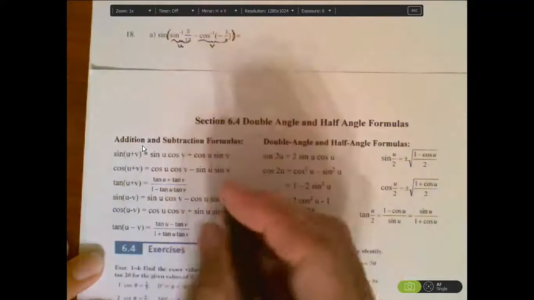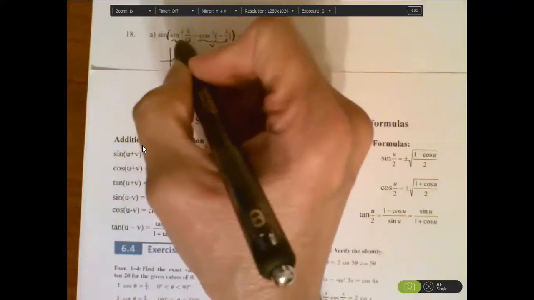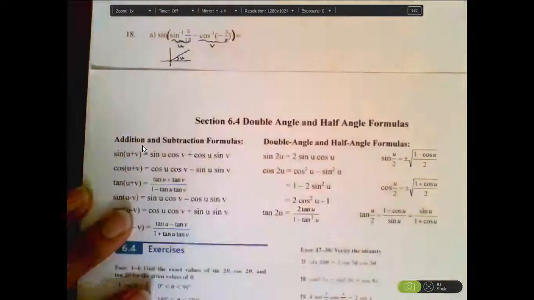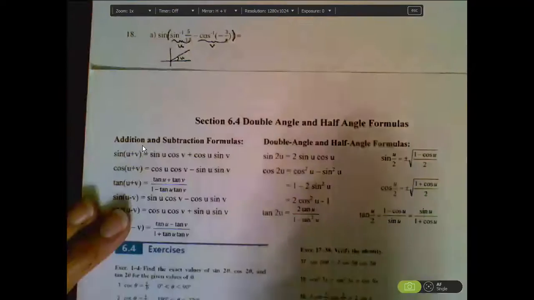So here's my angle U. It's in the first quadrant, because the angle whose sine is positive is in the first quadrant.